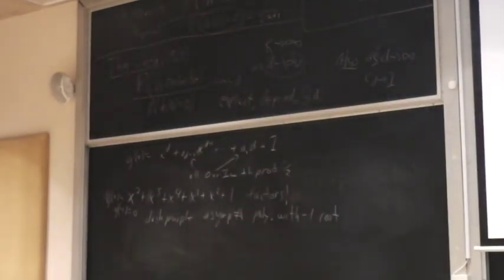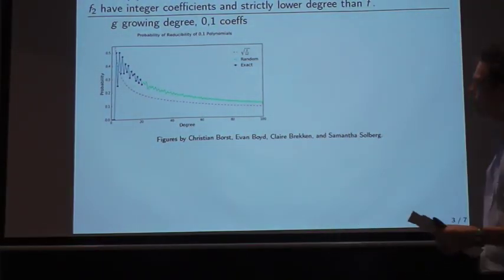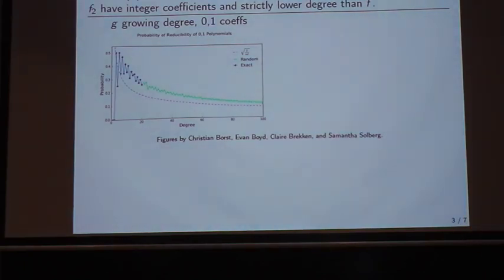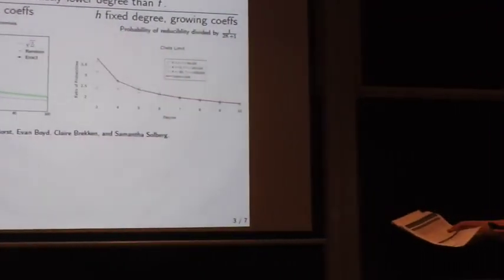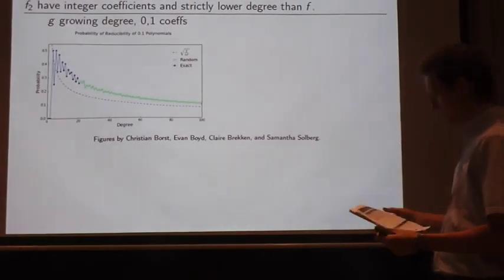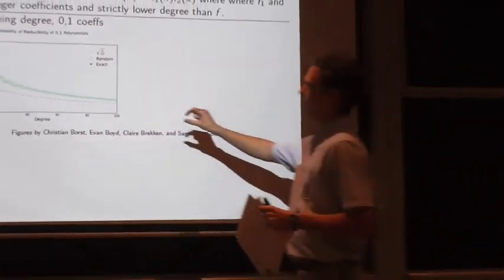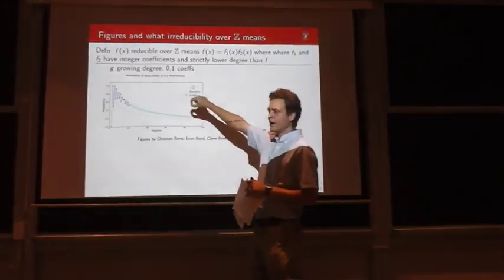So I did say this is exact counting, all the blue dots. The green dots here are then sampled randomly, and they used enough sampling that the sampling error is not visible on this graph.